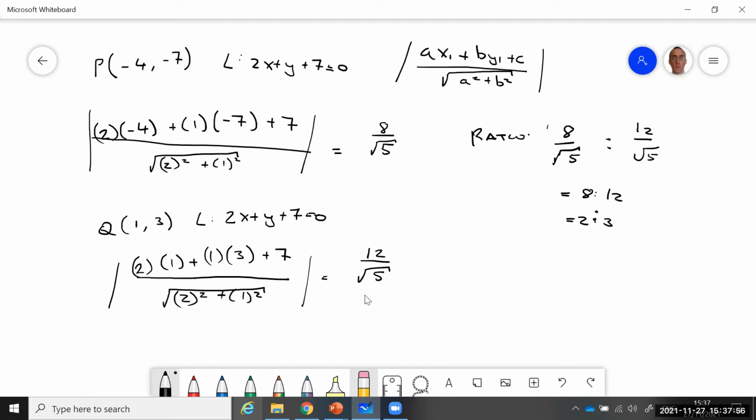So the ratio of the perpendicular distances of P to L and Q to L is 2 to 3.